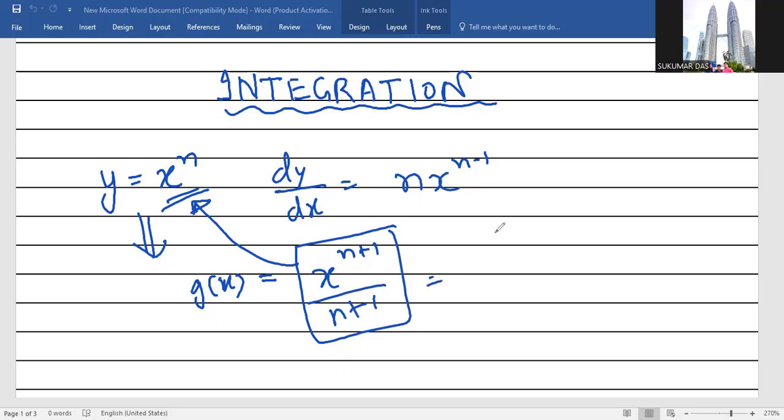So basically, if we have y is equal to f(x), and we integrate it, we get, let's say, g(x). Then again differentiation of g(x) should give us this f(x). Okay, so let us look into some of the standard formulas of integration.